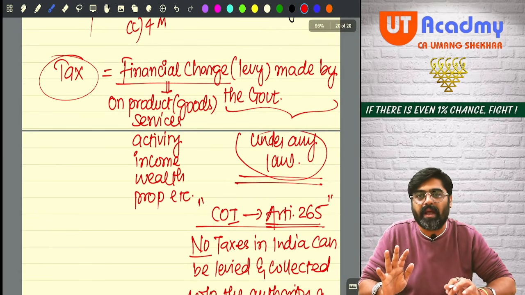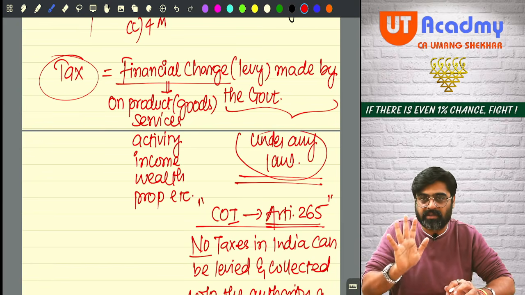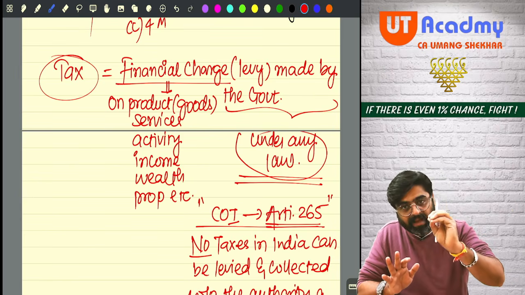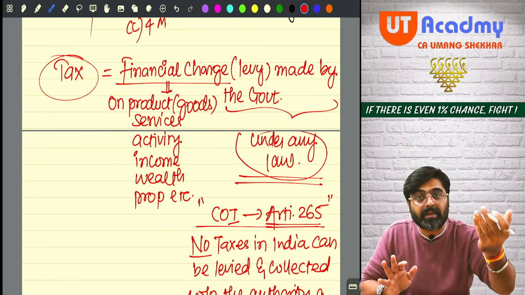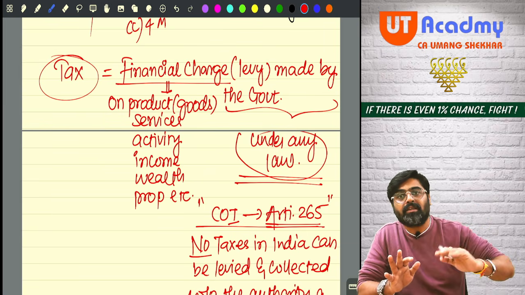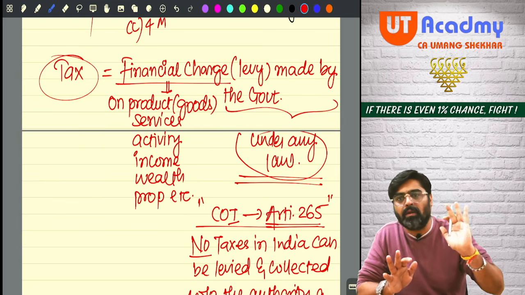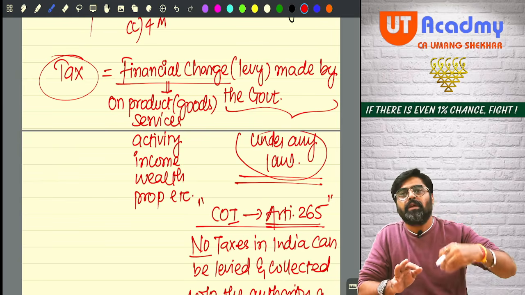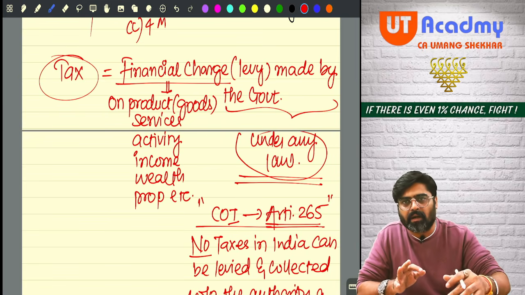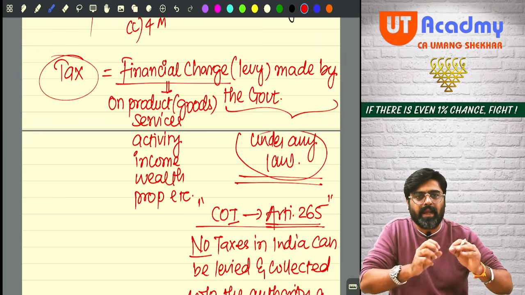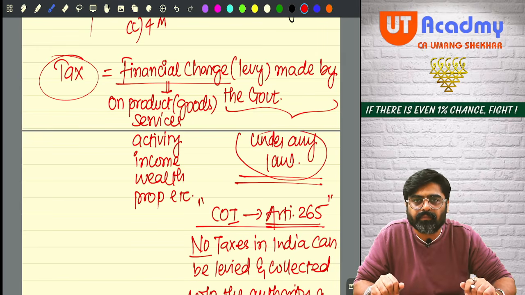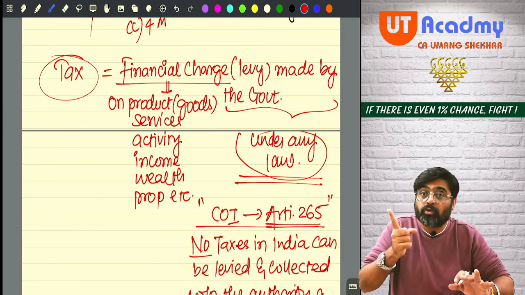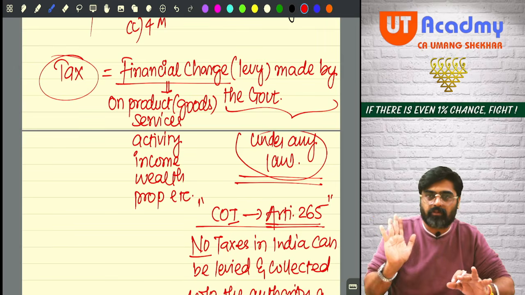Understanding? So first of all, what we have discussed: what is the meaning of tax? Tax means any financial charge made by the government. It is a financial charge made by the government under any law, and this financial charge can be on any product, goods, services, activity, income, wealth, property, etc. Understanding what I am trying to tell you? So this is the basic meaning of tax.